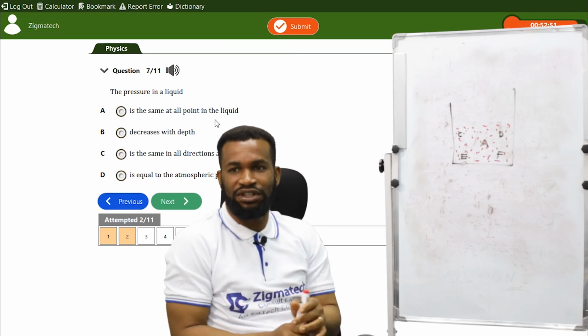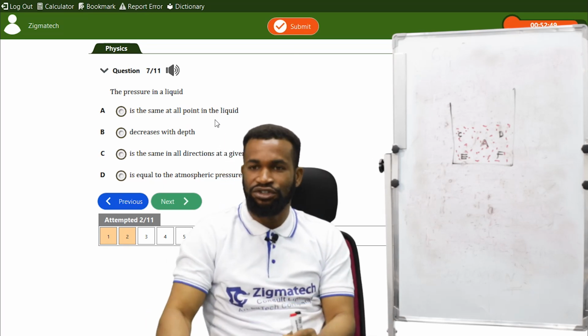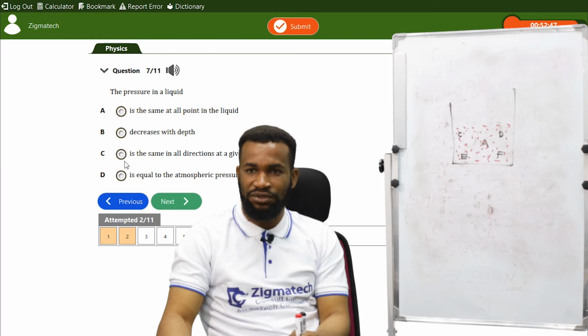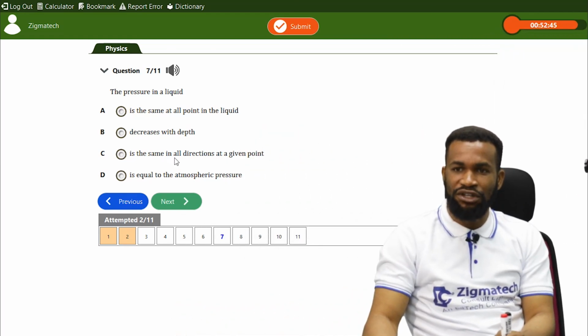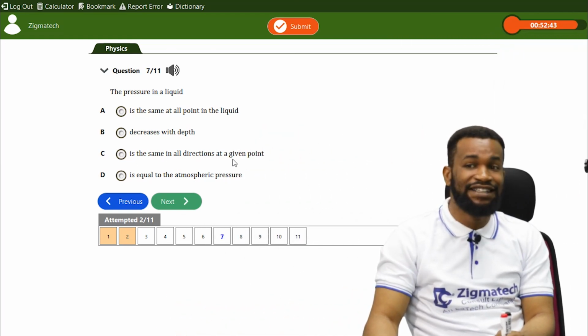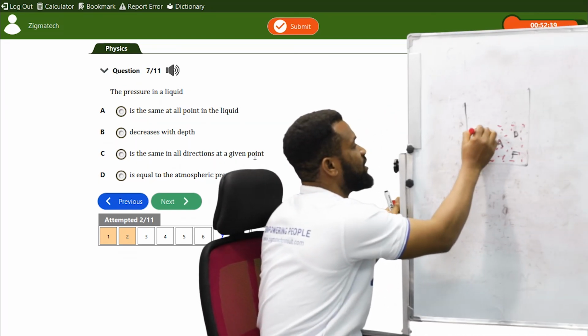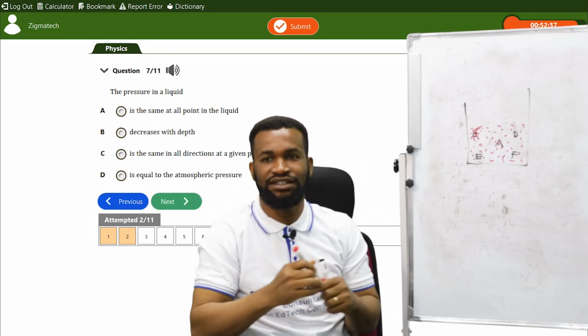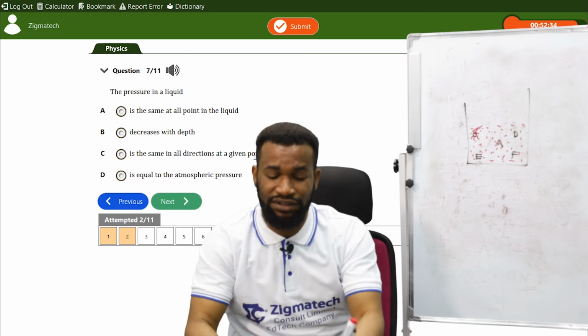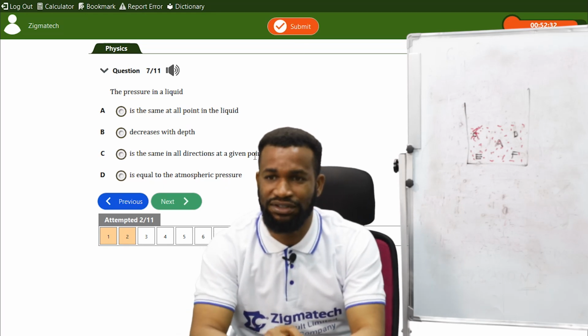But that's not what the liquid pressure states. So the best option is option C, which says it is the same in all directions at a given point. So at this point, the pressure is in all directions. That is what liquid pressure is characterized by.